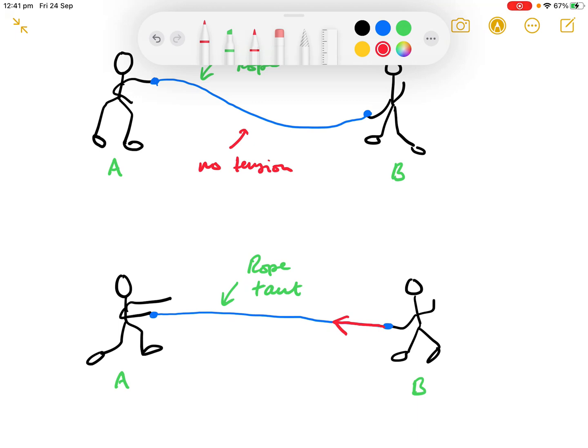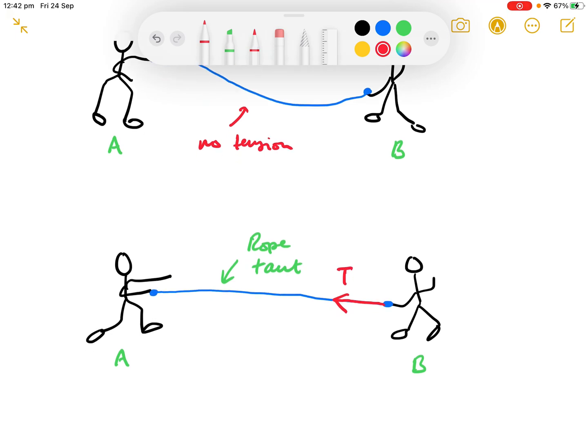And that force is acting through the rope, and it's the force that's making the rope taut. And we call that force a tension T. So person B would feel a force, he'd feel his hand being pulled, and you'll see this in the lab. He would feel that tension T.